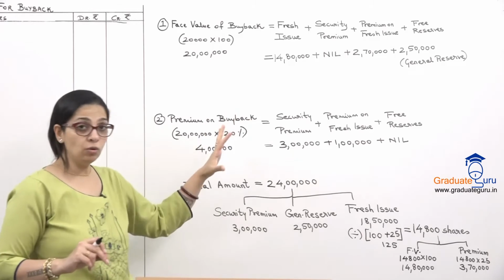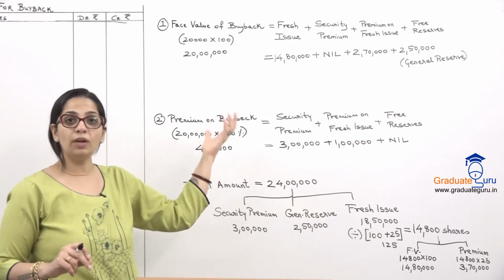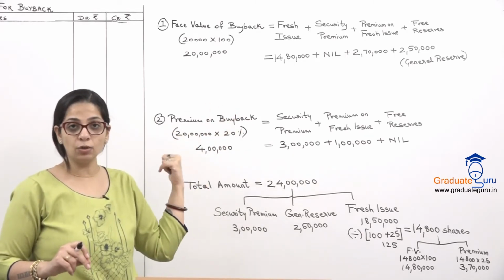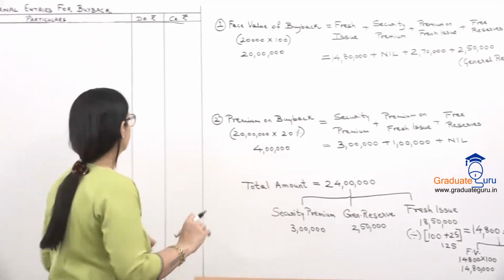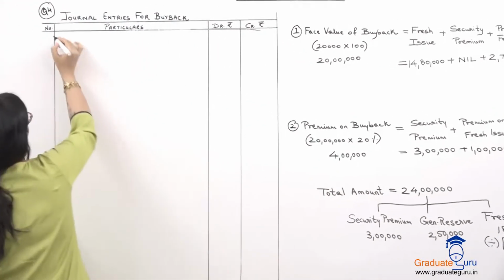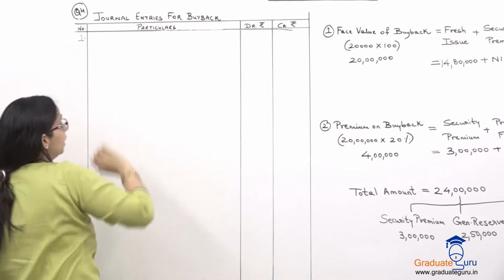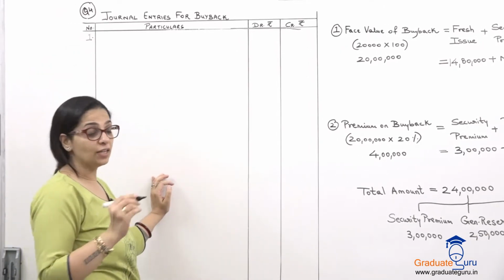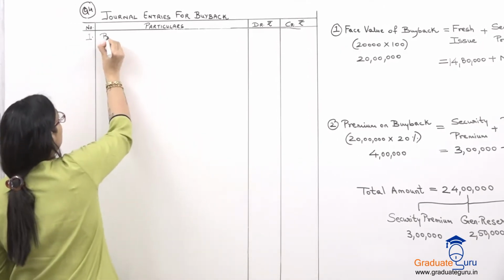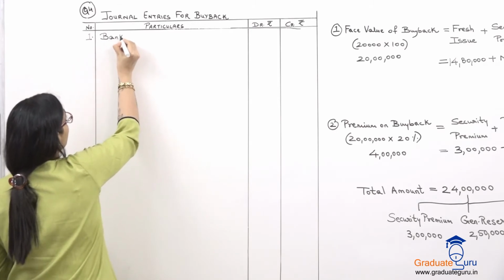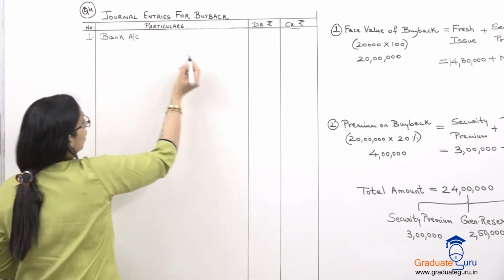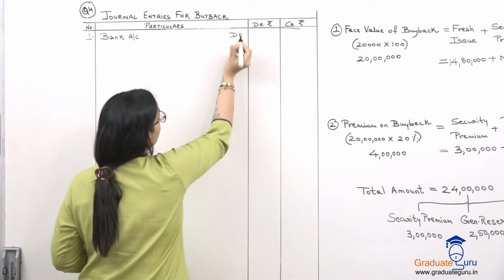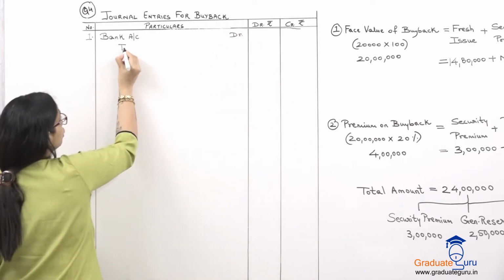Okay, now using these amounts we will pass our journal entries like we did in the last sums. So the first journal entry is going to be for your fresh issue. So when I issue shares, I get cash or bank. So bank account debit. What are we issuing?